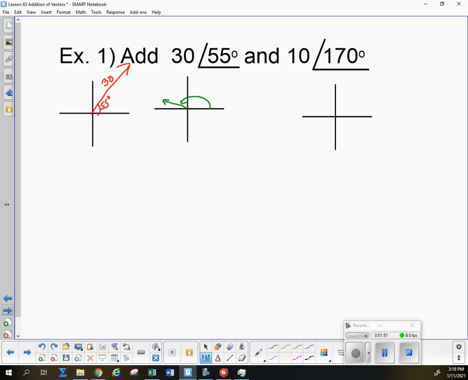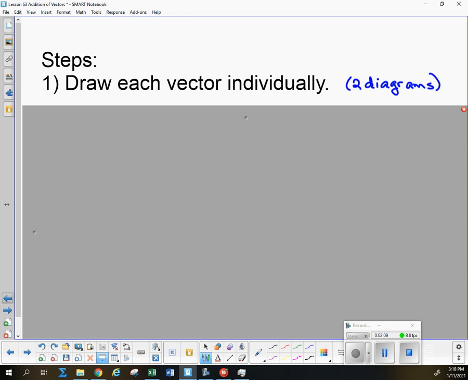So this angle is 170 degrees, which means my little angle inside there is only 10 degrees. And I need to label that that one is 10 long. So I've done the first step. I have drawn each one of those separately, so I have my two diagrams there.